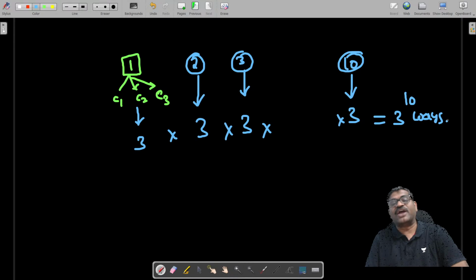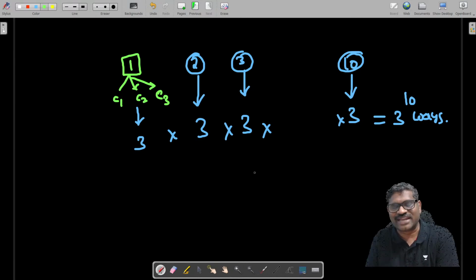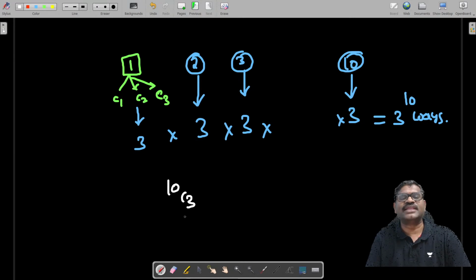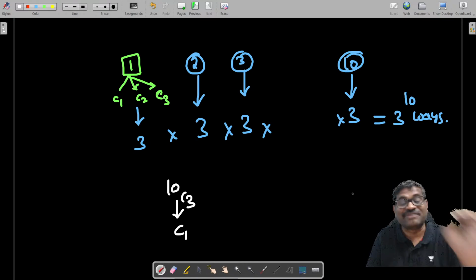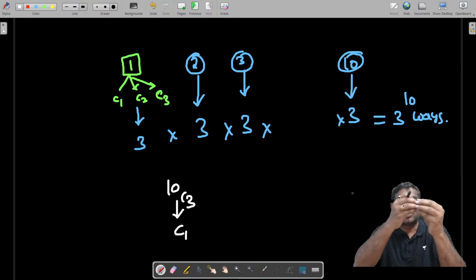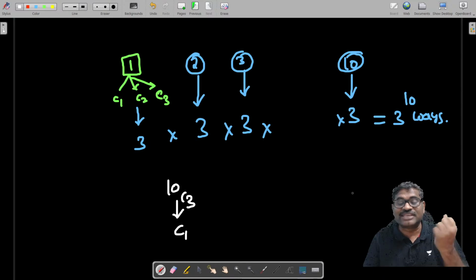Now I am going to write favorable cases. What is the chance that first child got 3 chocolates? There are 10 chocolates. From 10 you select 3 and give it to first child: 10C3 for first child. Remaining how many chocolates are available? 7 chocolates are available. 2 children are available.